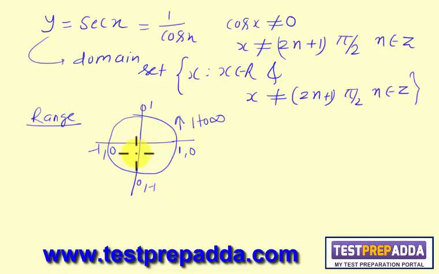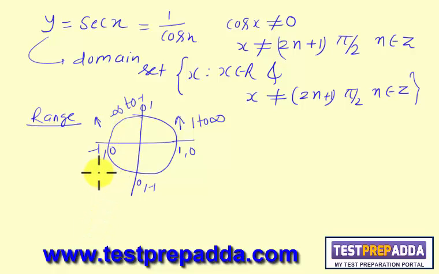In the second quadrant, the variation will be it increases from minus infinity to minus 1.